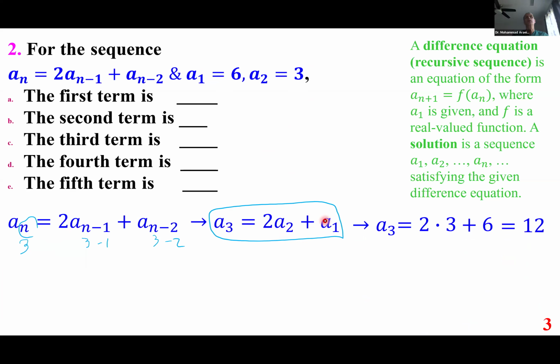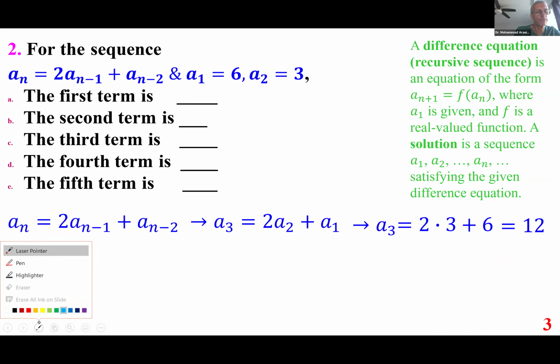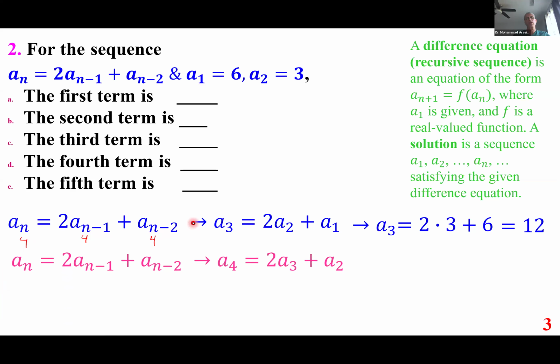Now, what about A sub 4? If I want this one to be 4, let's replace this with 4. So this is 4. This is n minus 1. 4 minus 1, 3. 4 minus 2, 2. That's how you arrive at this.